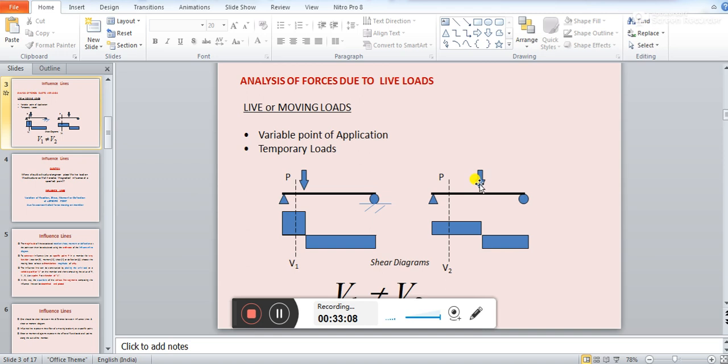But when this load has moved from this position to this position, the shear force at this point will become V2. If you want to find out the variation of the shear force at point P because of the movement of this load throughout the beam, you should be able to find it using the influence line diagram.